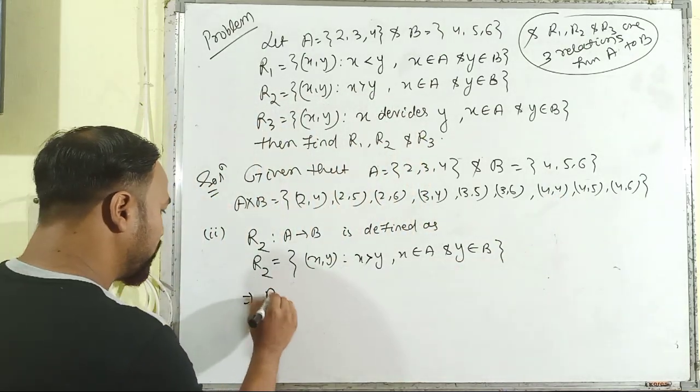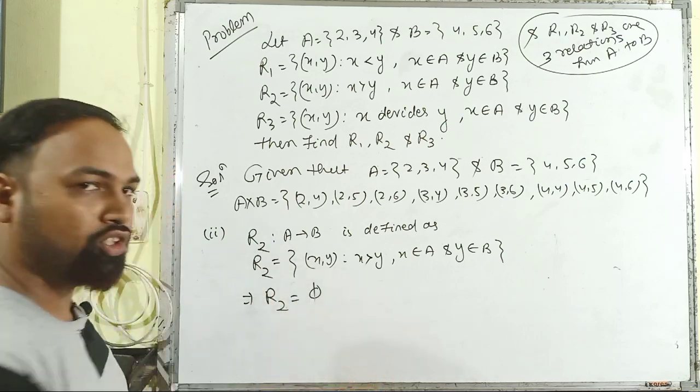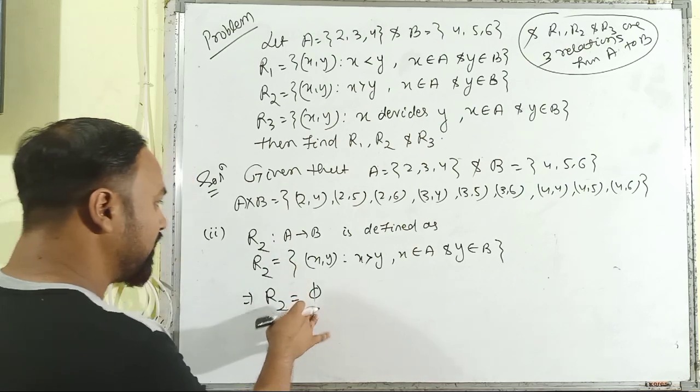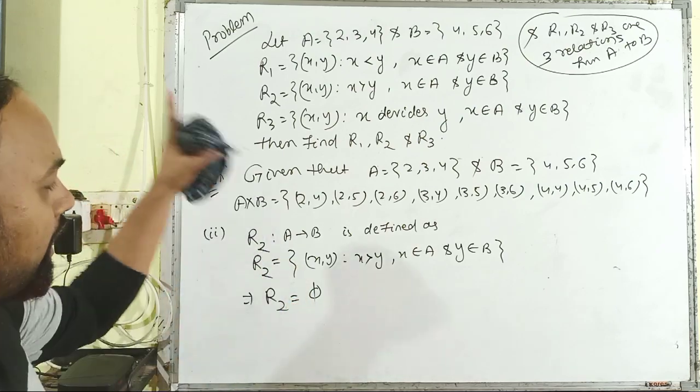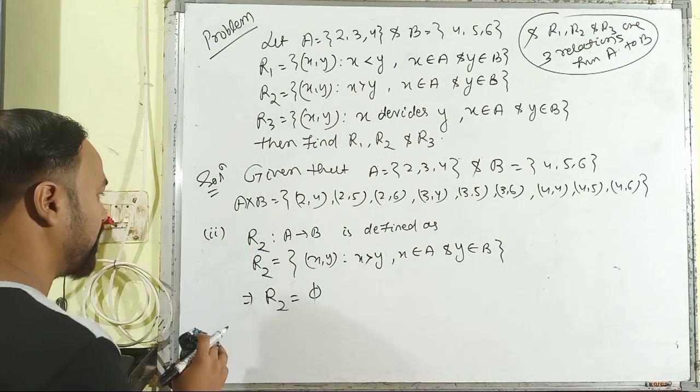So here the R2 relation is phi, and you know that phi is also a relation, and it is also a subset of the Cartesian product. Then we move towards relation number 3.